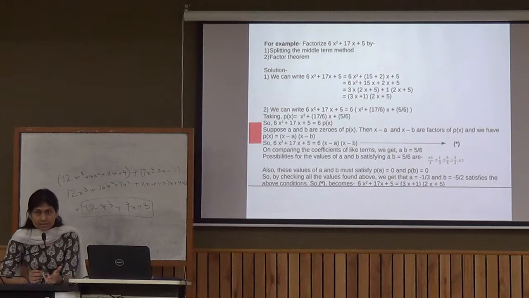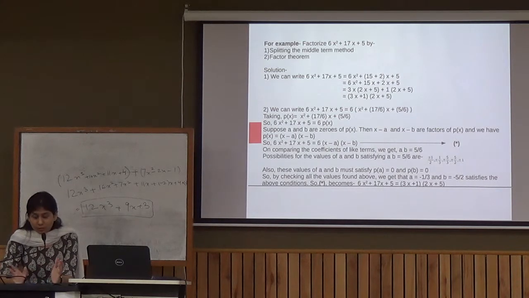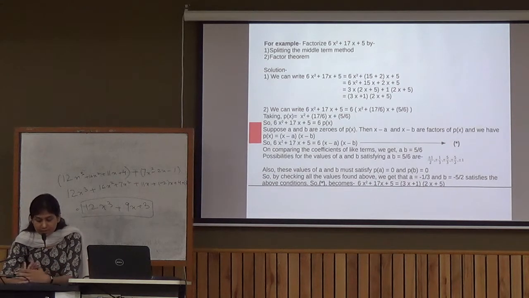Here, 17 is written as 15 plus 2 because the product of 15 and 2 is equal to 30, which is here equal to 6 into 5, that is the values of a and c for a general quadratic polynomial. Therefore, on opening the brackets, we get 6x squared plus 15x plus 2x plus 5, which is equal to 3x into (2x plus 5) plus 1 into (2x plus 5). Clubbing the terms together, we get (3x plus 1) into (2x plus 5). Therefore, we get the factorization by way of the splitting the middle term method.